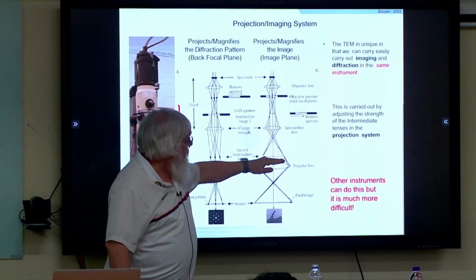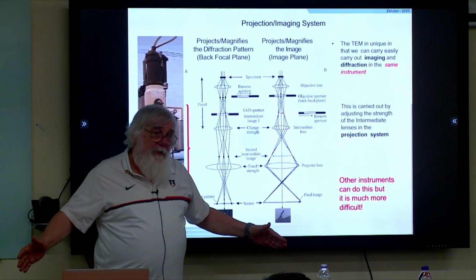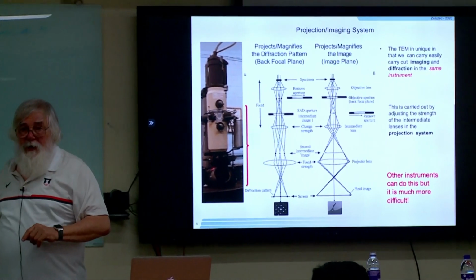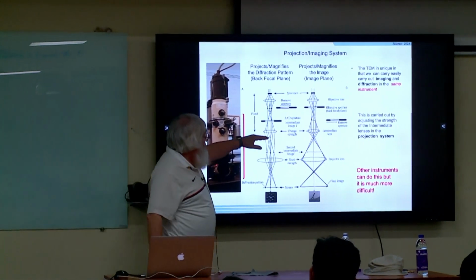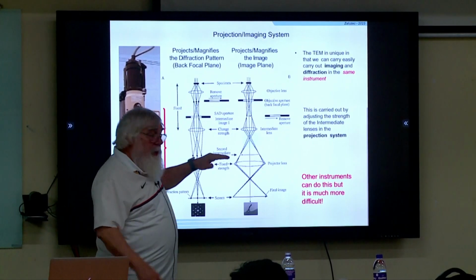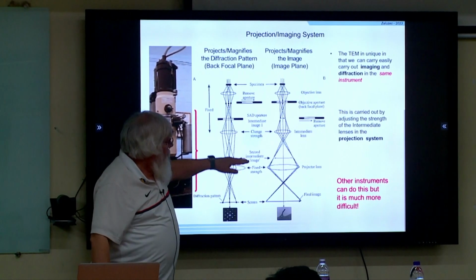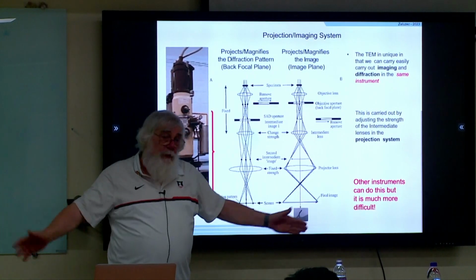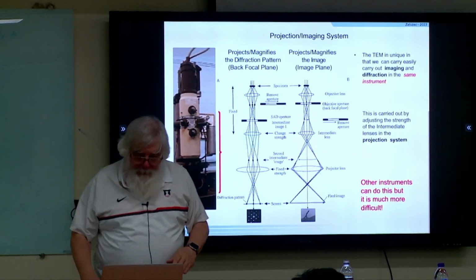I adjust the lenses after it to give me a bigger image or a bigger diffraction pattern. Okay? So when you push a button that says D, or diffraction, all you're doing is adjusting this first lens to look at either the image plane or the back focal plane. When you turn a knob that says magnification, you're adjusting what's called the projector lenses, the final lenses, to give you a magnified view of whatever's at the next plane. Okay?